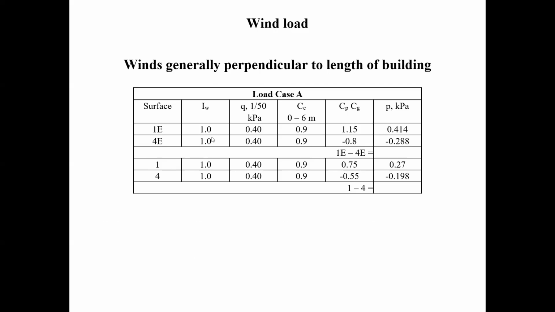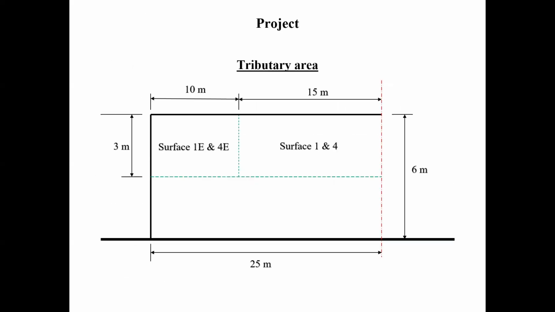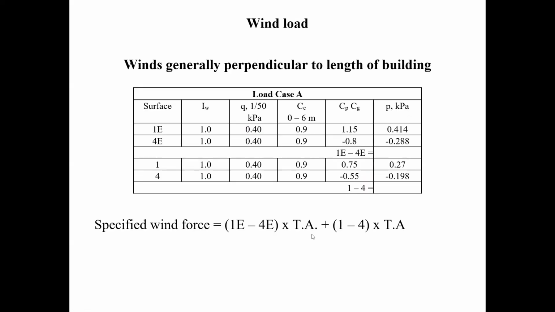Just to make sure we're on the same page here. This one is 30 square meters and this one is 45 square meters. And what's the total force that is acting on that wall? Or half that wall, because the other half is on the other side.